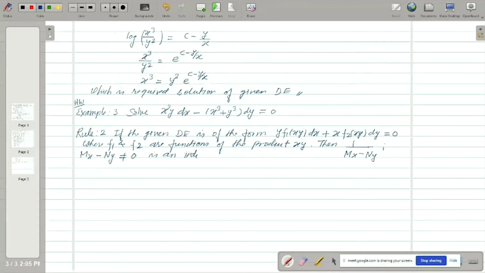You understood this? Rule number 2, very simple.